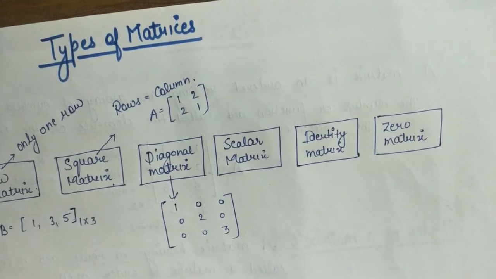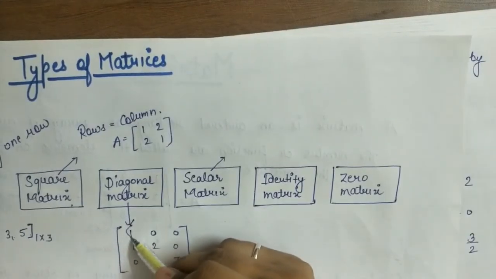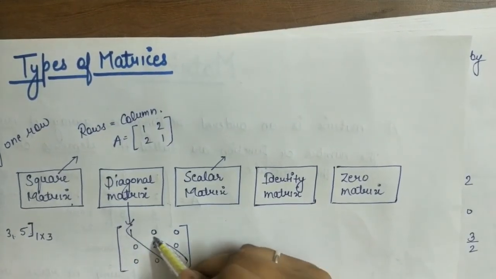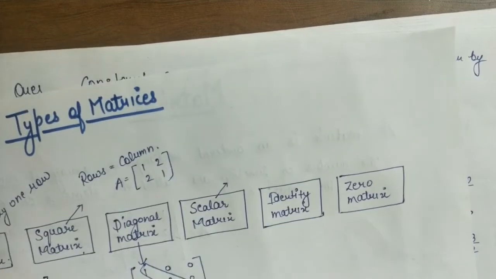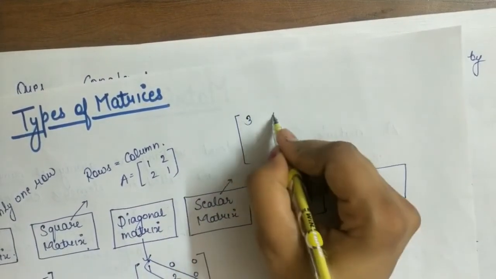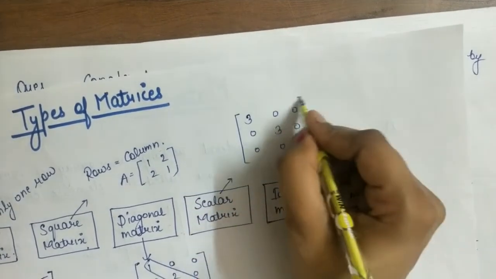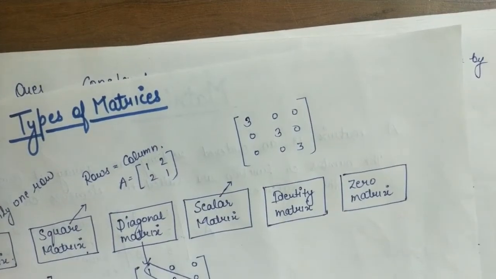A diagonal matrix is said to be a scalar matrix if all its diagonal elements are equal. So this is a scalar matrix.